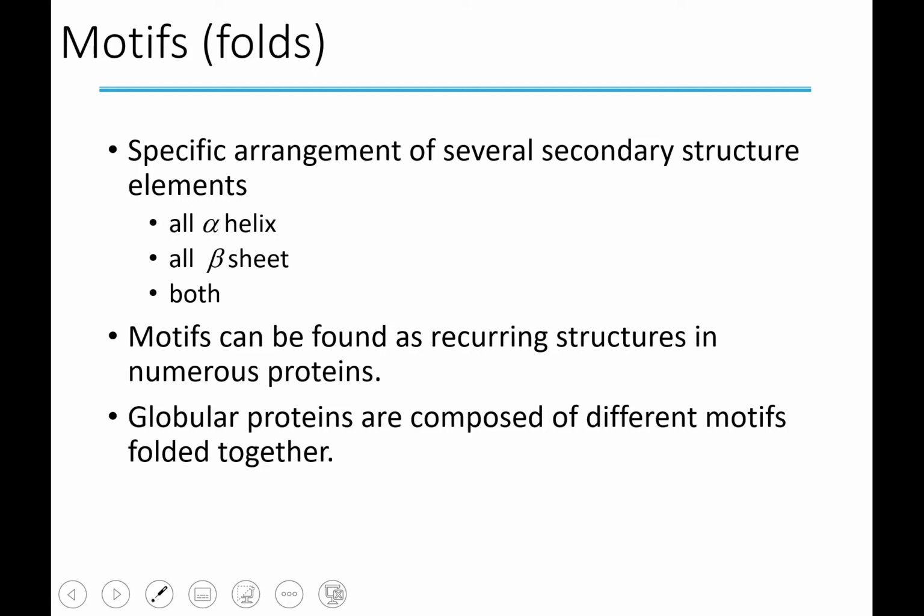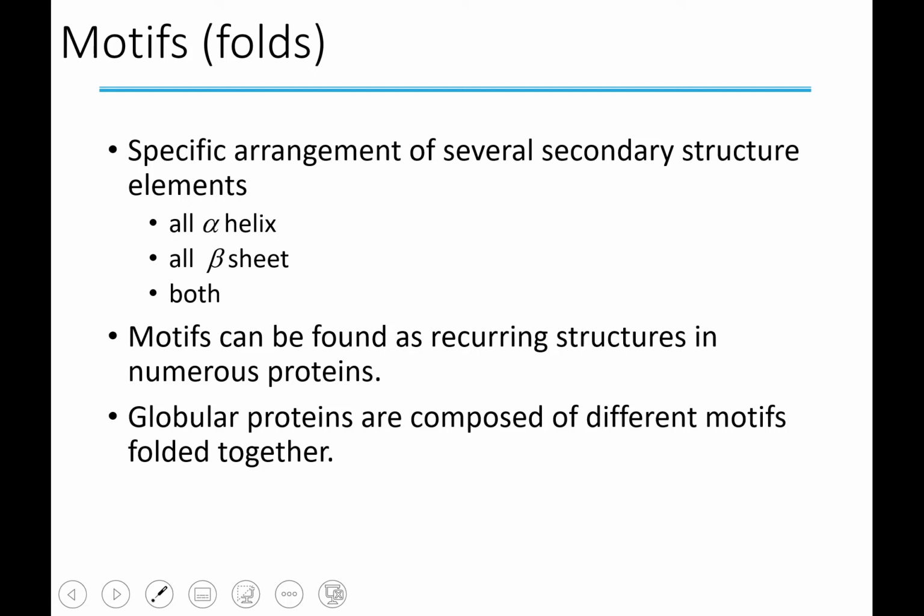We tend to think of globular proteins as being made up of what we call motifs or folds. Those two words are used somewhat interchangeably, but we would think of a motif as being a smaller structure, and a fold as being the overall three-dimensional shape of a protein.